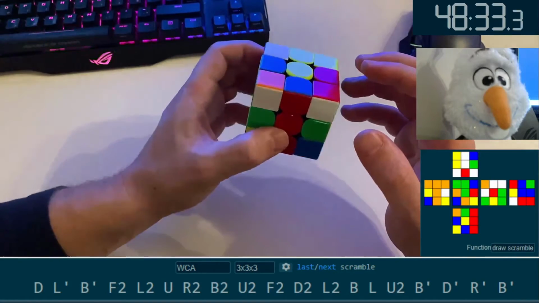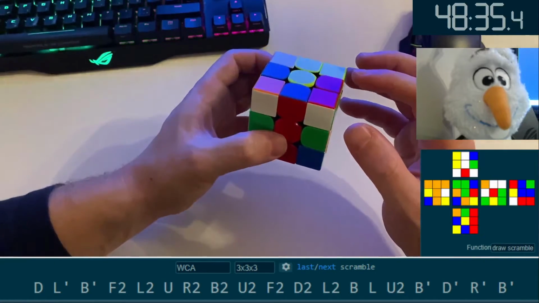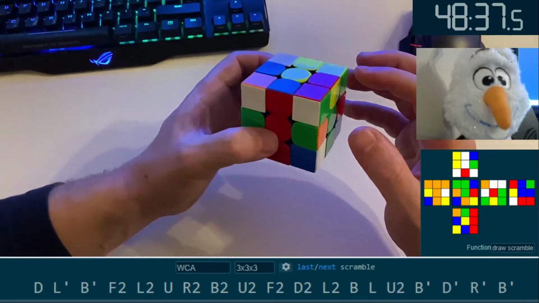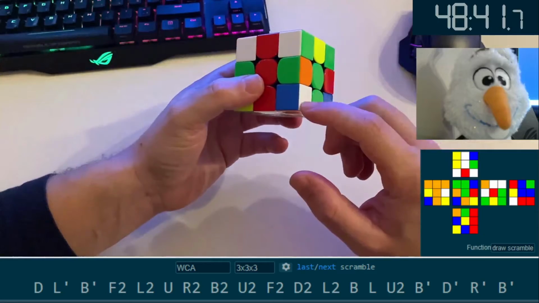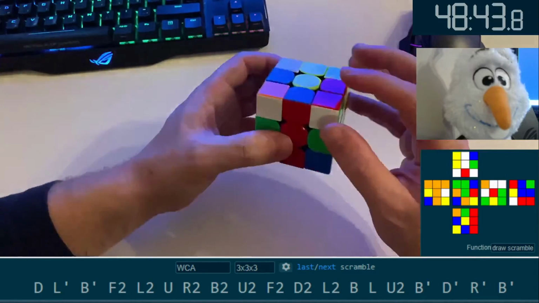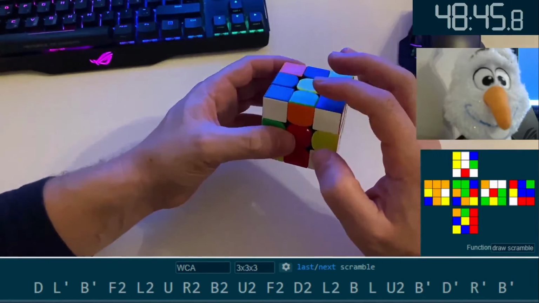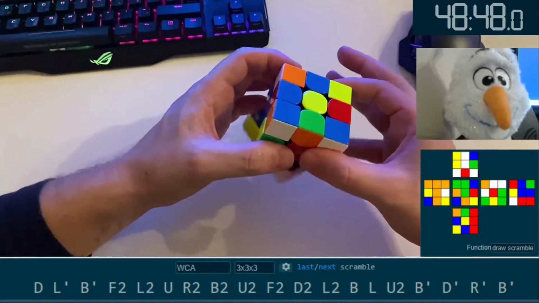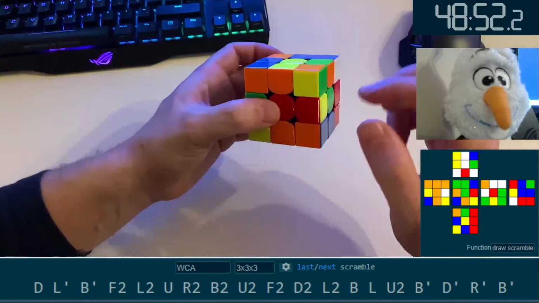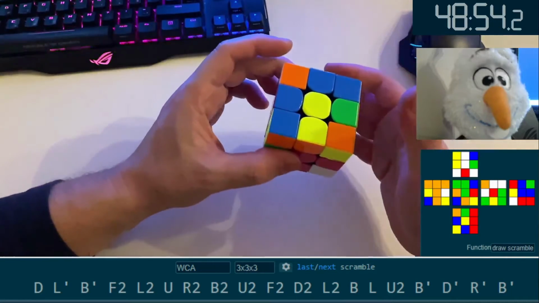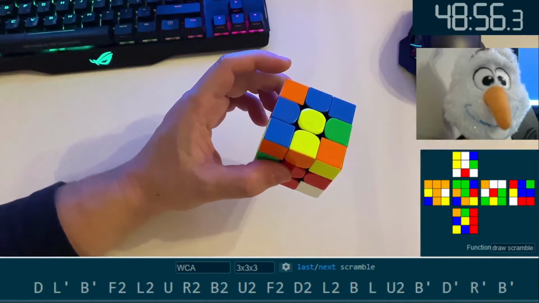Alright, okay, we can start with a keyhole from here, picking up this one, moving the corner over here, and then simply just insert this corner and then align back.